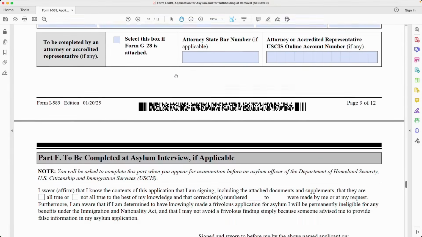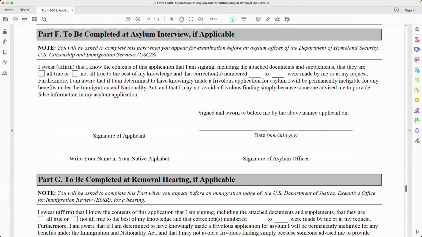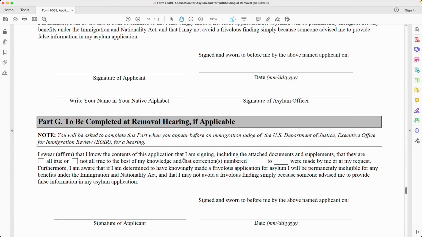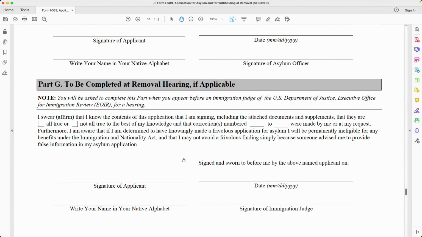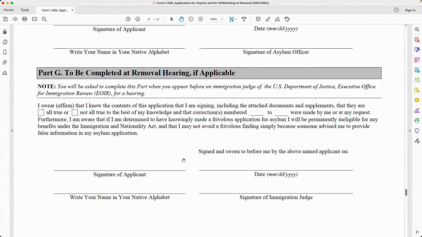On this next page, page 10, you do not need to fill out Part F or Part G until your asylum interview or your immigration court hearing. You can leave these blank for now.